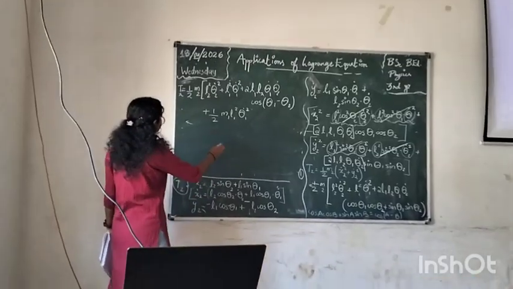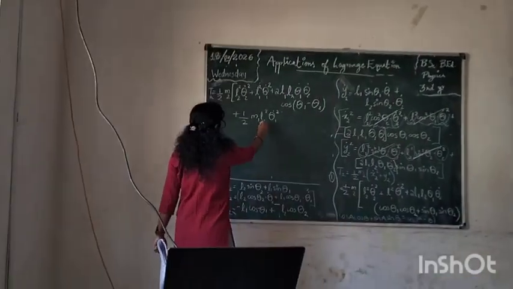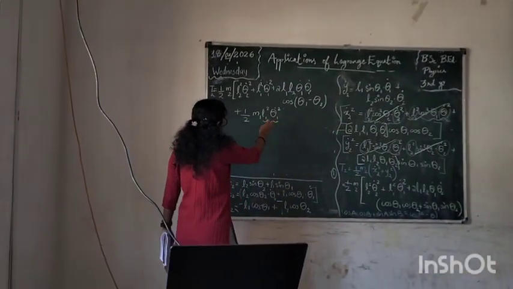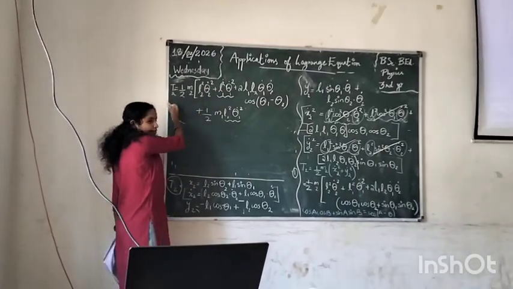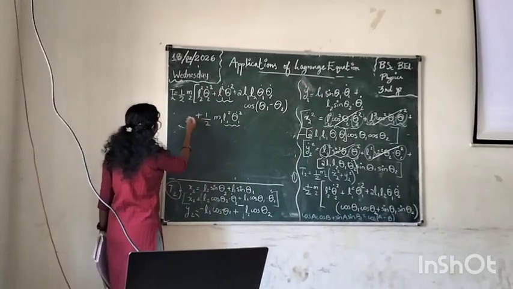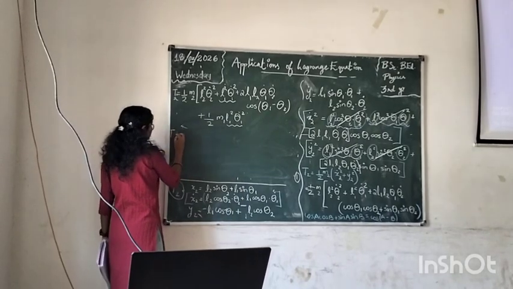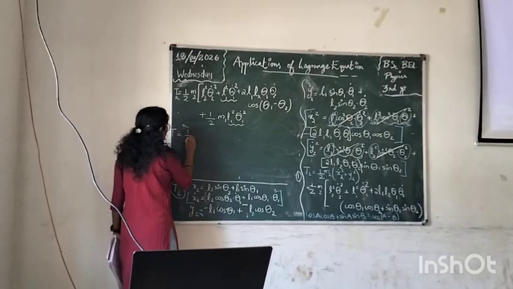So here you can see this L1 term and this term are similar, so I am taking it outside. So we will have total T is equal to half.